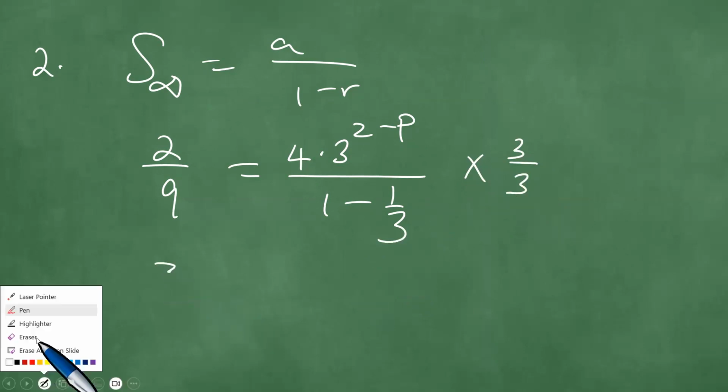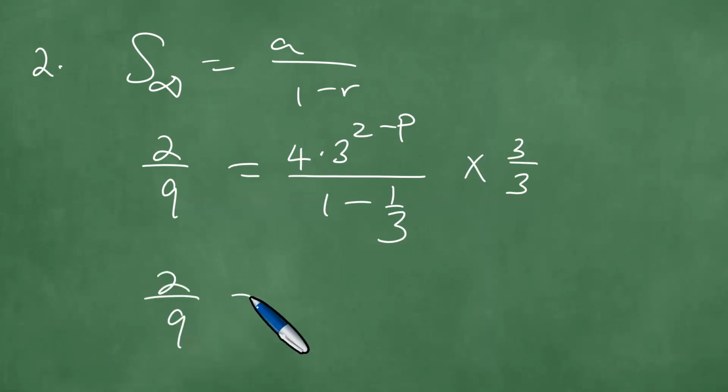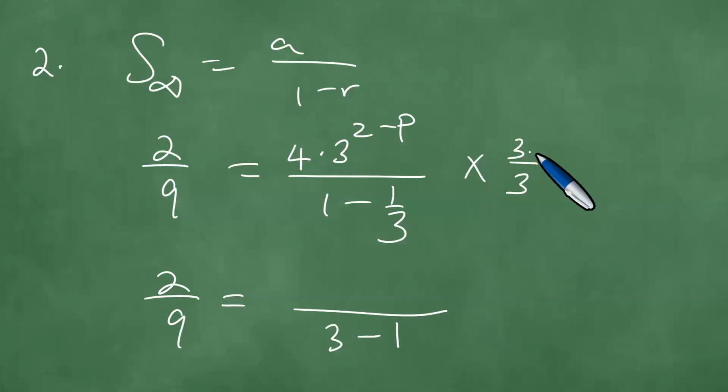So the denominator becomes 3 minus 1. Multiplying through by 3, 3 by 1 is 3 and 3 by 1/3 is 1. The top 3 multiplies the numerator, so this 3 has power 1 and we add a 1 there: minus p plus 1.